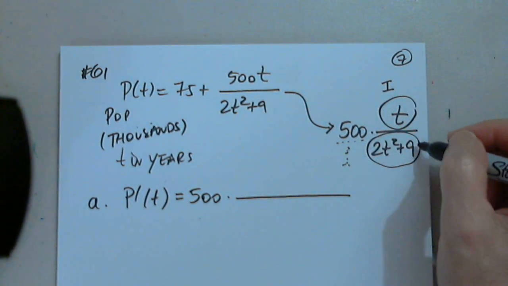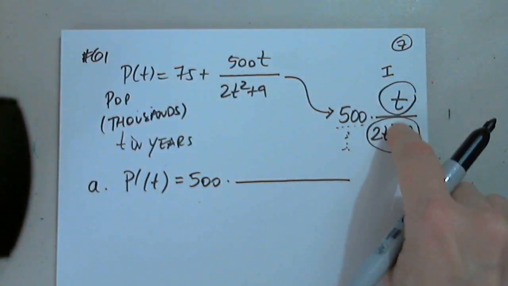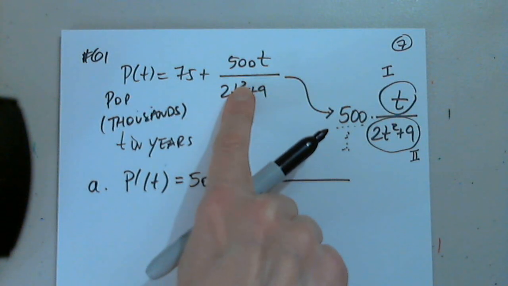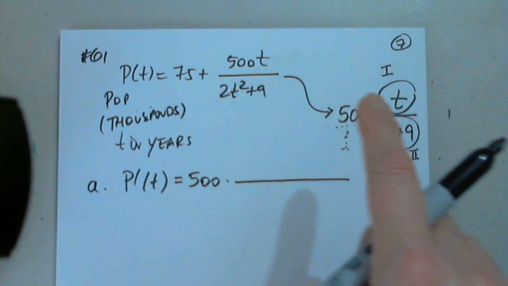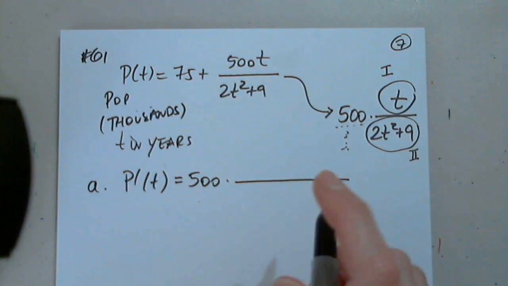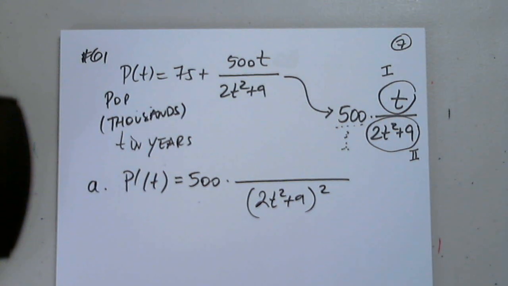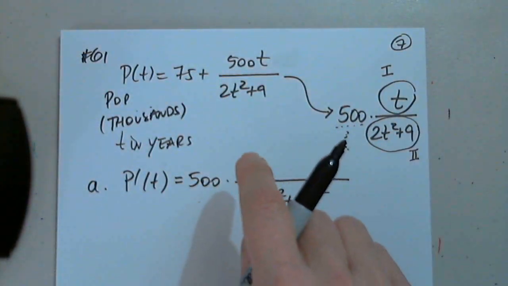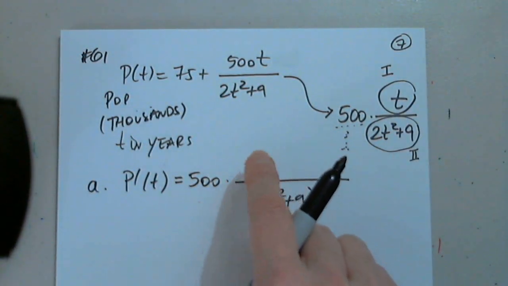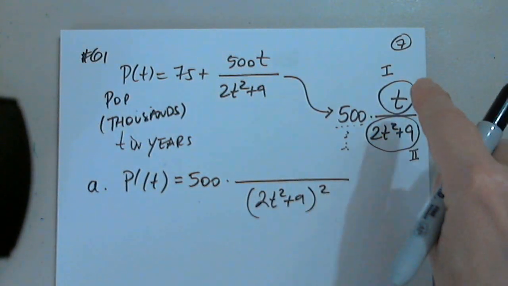And this is my function 1. And this is my function 2. I have to differentiate as a quotient because it's a quotient. I have no choice. So when I differentiate as a quotient, the denominator is always squared. I don't have to do anything to it, but just square it. Now remember the sequence. 1 prime times 2 minus 1 times 2 prime. 1 prime.